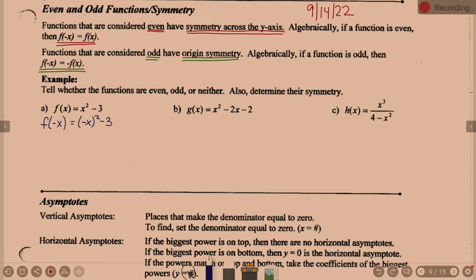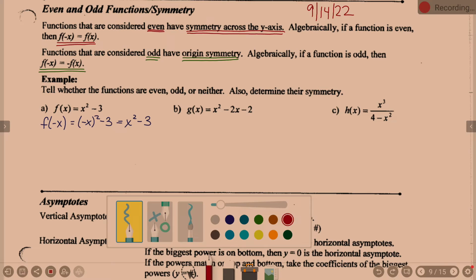What's negative x times negative x? Negative times a negative makes it a positive. And x times x is x to the second. So negative x raised to the power of 2 is x to the second. And we still have the minus 3 there, don't we? What do you notice? Did it stay the same?